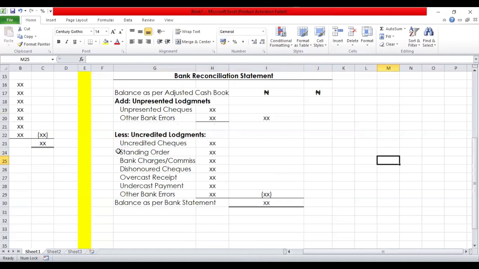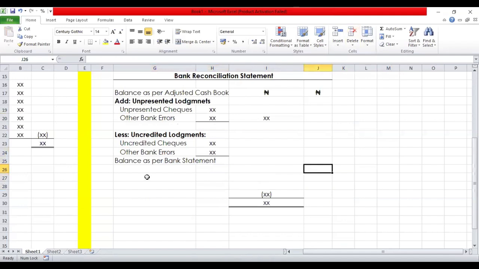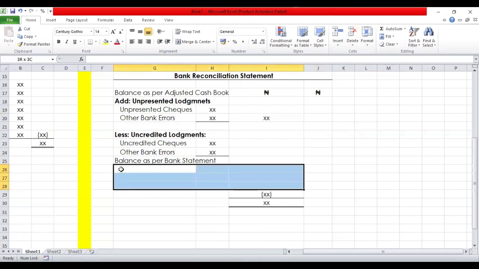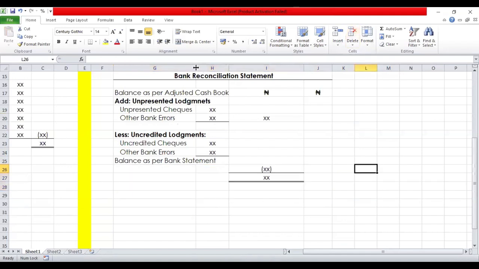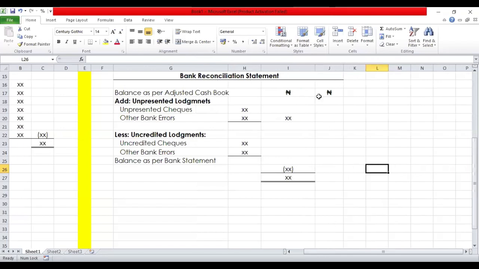Here also, all these will be deleted from there. What we now have at the end of the day is what we are going to have.